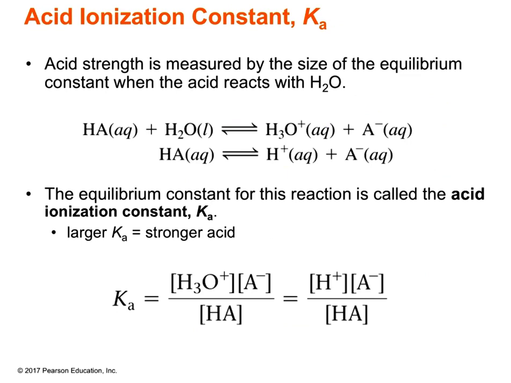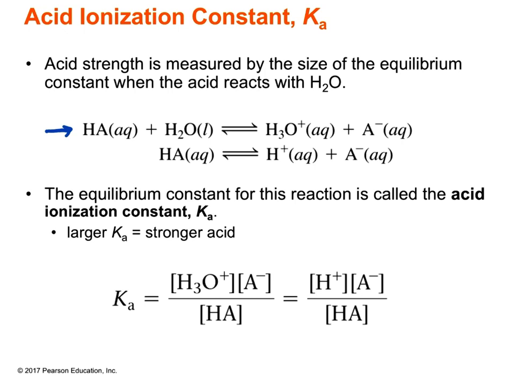So now we said that acid strength is measured by the size of the equilibrium constant when the acid reacts with water. So what we actually end up calling that value K is the acid ionization constant. For instance, if we write out our reaction between a generic acid and water, we would end up with hydronium ions and then our acid ions after losing hydrogen.